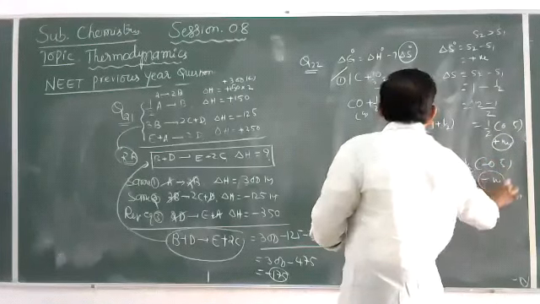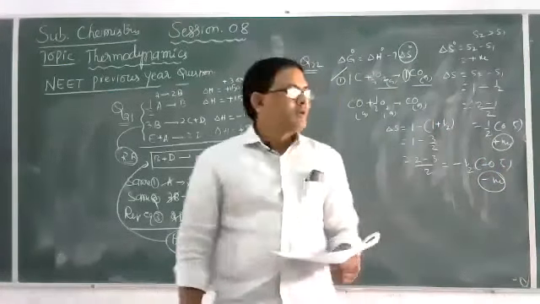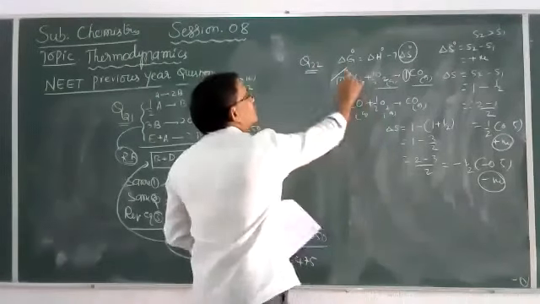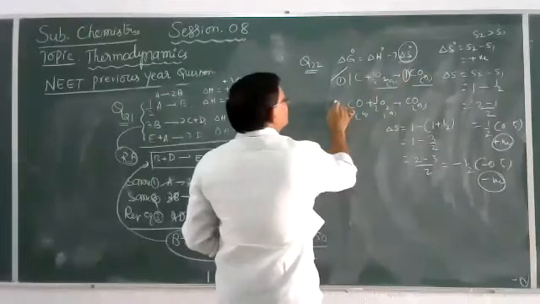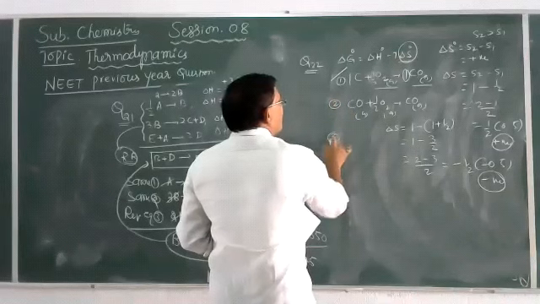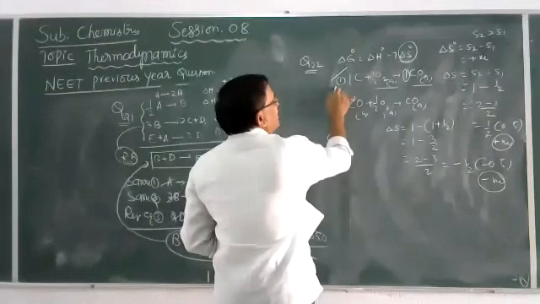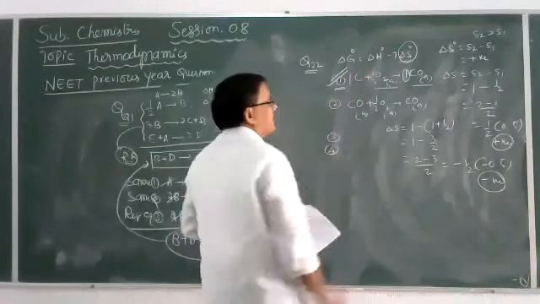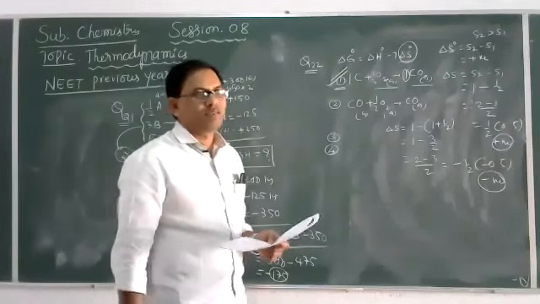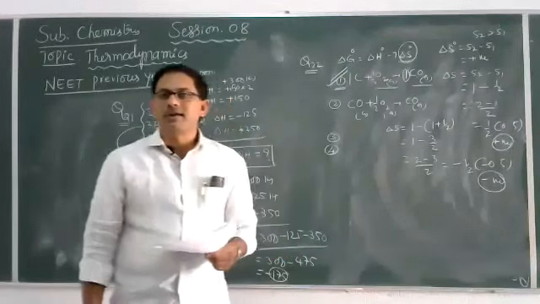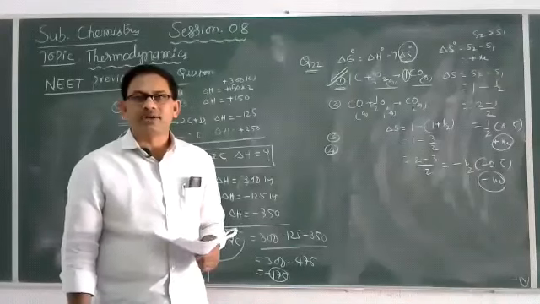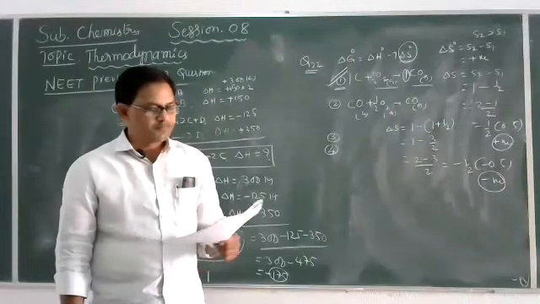It is a negative value. Among the 4 options, which one has a positive value? The first one has the positive value. That's all. By using the states of the reactants and products, we can easily determine the delta S value. Next.